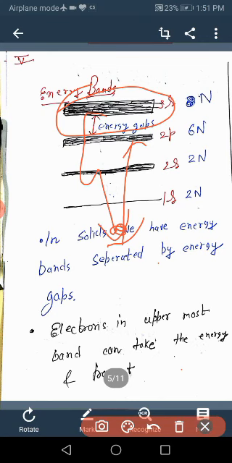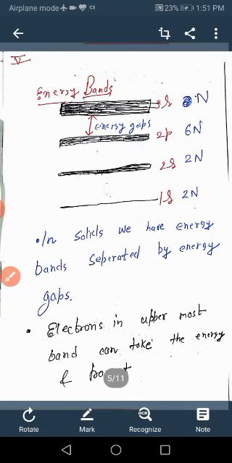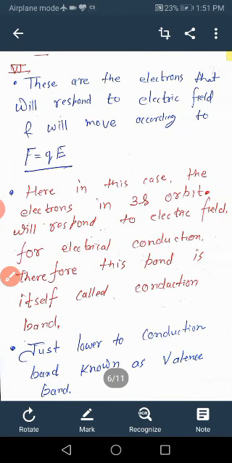Now we shall move to the next slide. These are the electrons that will respond to an electric field and will move according to F equal to QE. As we know, the electric field exerts a force on any charge, and that force is F equal to QE.